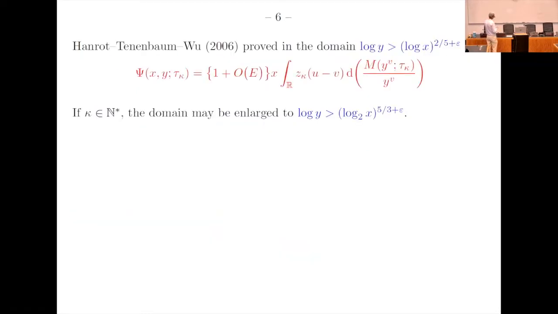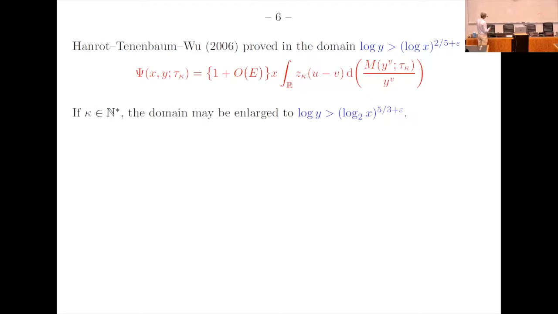And then Andrew, Tenenbaum, and Wu proved in 2006 the same estimate as the Sayas estimate. So here there is an error term. I will not give more details, but you will see the main term is nearly the same as in the De Bruijn approximation.